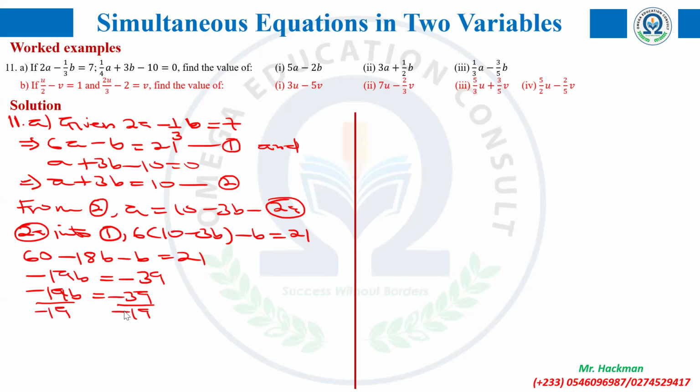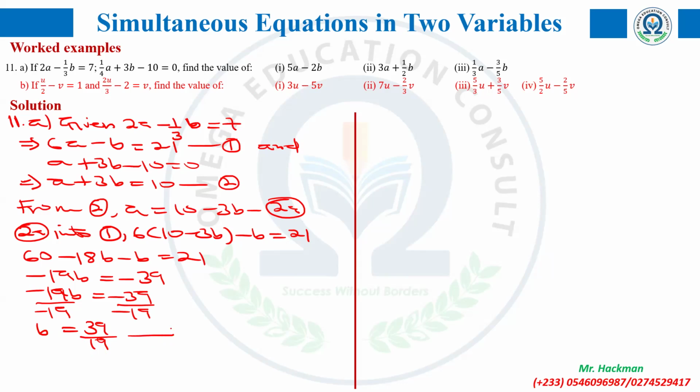It's not that pretty. So maybe our b will be equal to, so in effect we are going to get b to be equal to this 39 over 19. The negative will cancel. So you use this one to find your b.